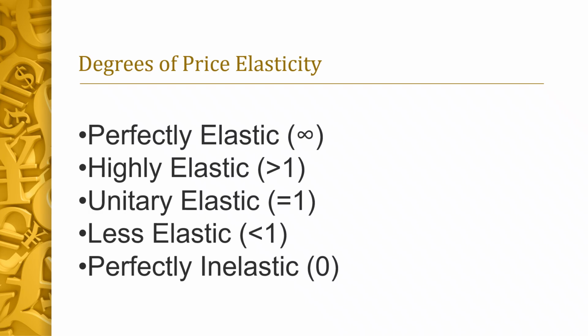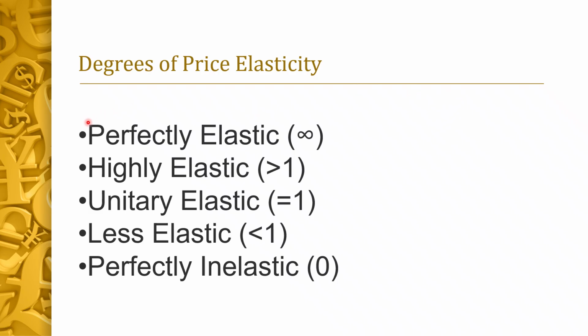Let's understand the different degrees of price elasticity. Price elasticity actually expresses the responsiveness of the consumer: what is the response of the consumer as and when there is a change in the price, income or choices.